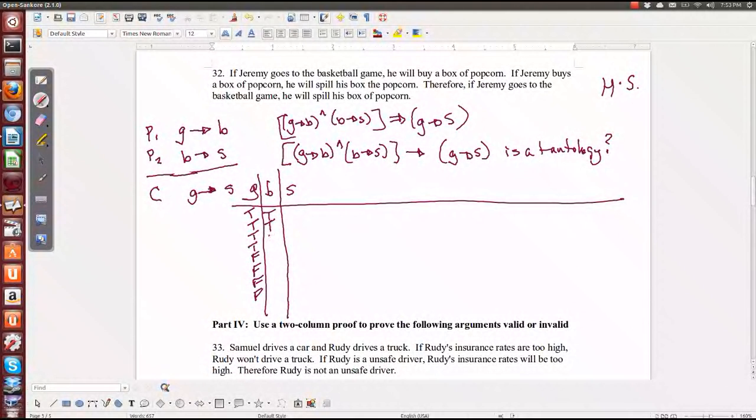True, true, false, false. True, true, false, false. And then I've got true, false, true, false. True, false, true, false.